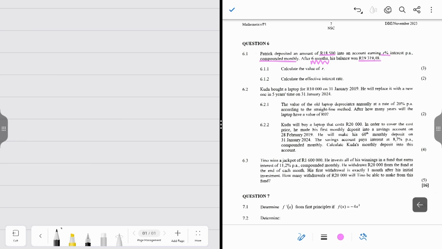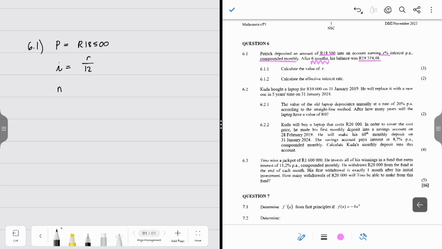So the first thing we're going to do is, what do we know? We write down what we know. So we have 6.1. We have our P value, which is his initial amount of 18,500. We also know our interest rate is going to be R over 12. Why is it over 12? Well, that is because it is compounded monthly.